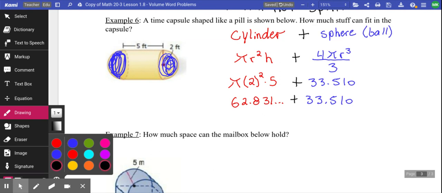For a total of 96.3. And that's feet cubed. It's a big time capsule.